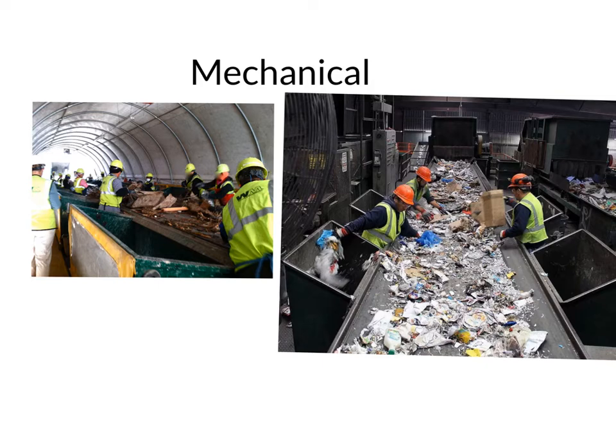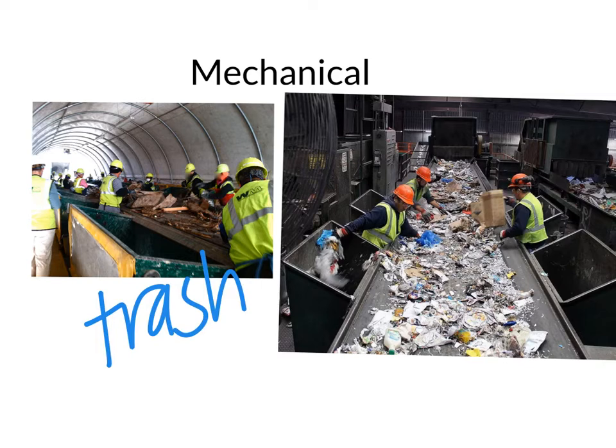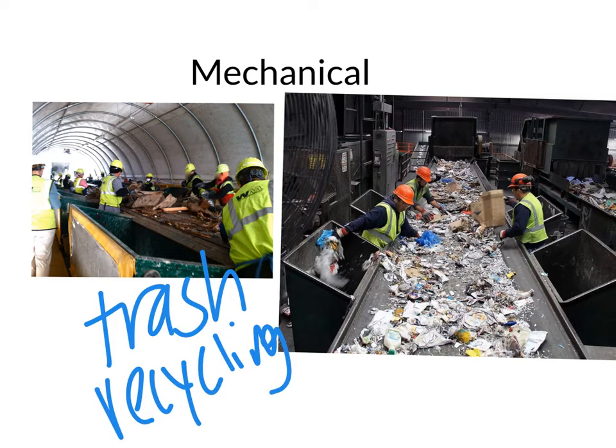This is how they separate through either trash or recycling. So these workers stand in this line, this conveyor belt moves its way into that, and they pick out as much as they can. What of this is recyclable? I don't know, but that's what their job is.